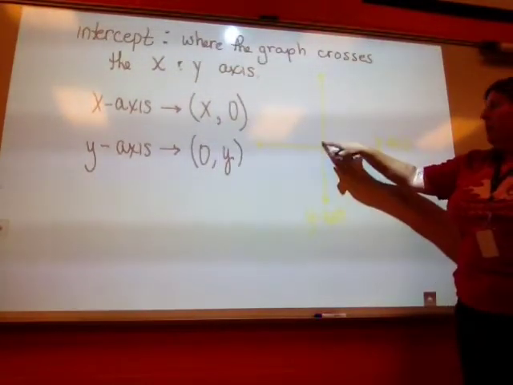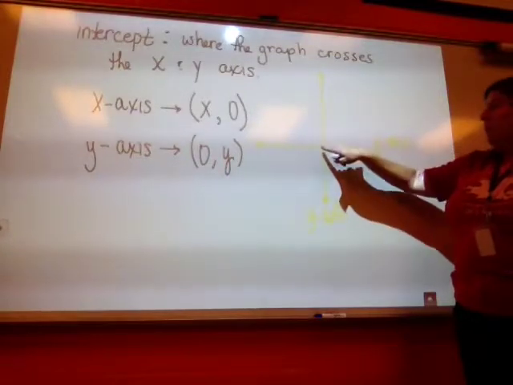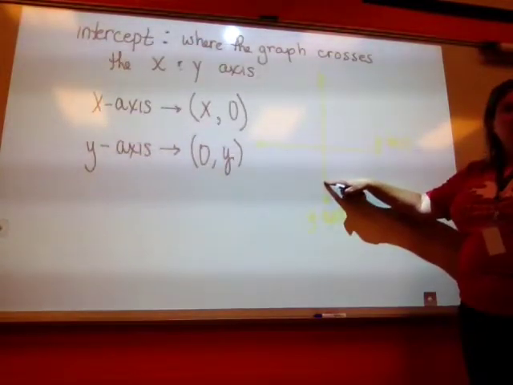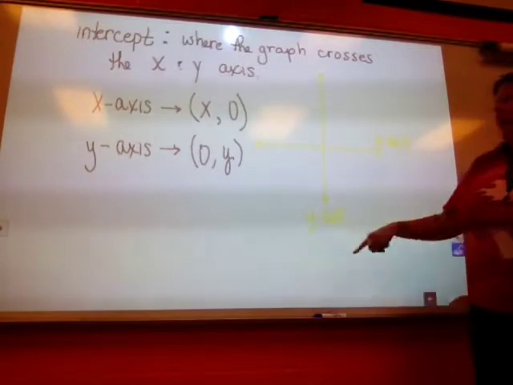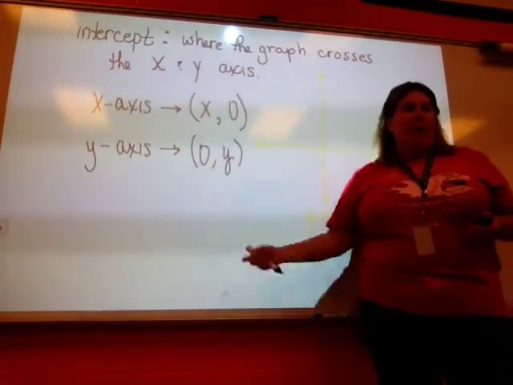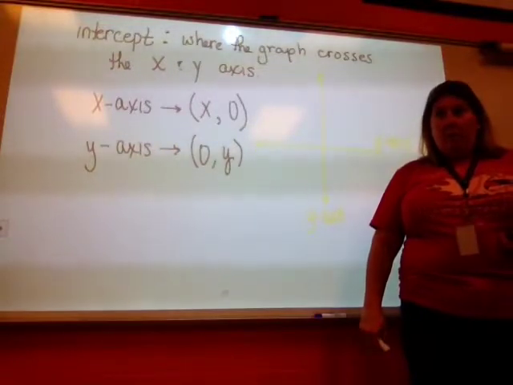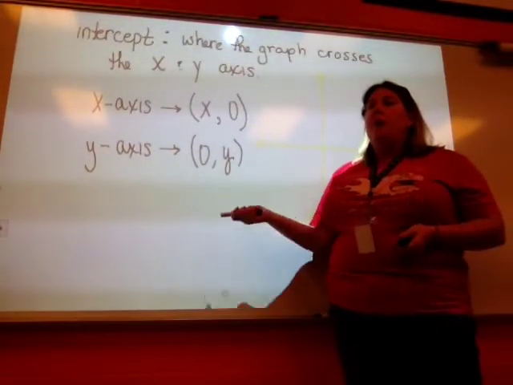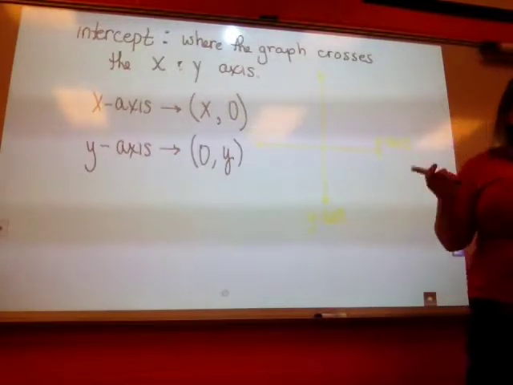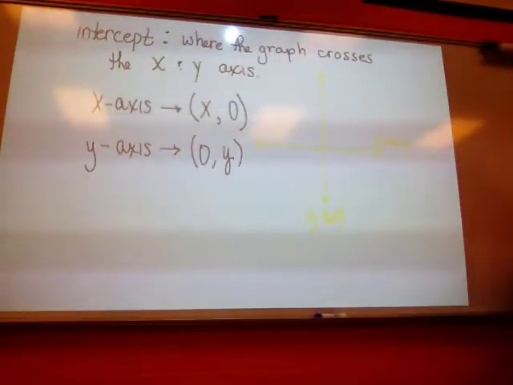It might be 0, 4. It might be 0, negative 3. But anywhere on my y-axis, x would be 0. Does that make sense? Yes, no, or maybe? Yes. Okay? So we're going to use that knowledge to then be able to find our X and Y intercepts.